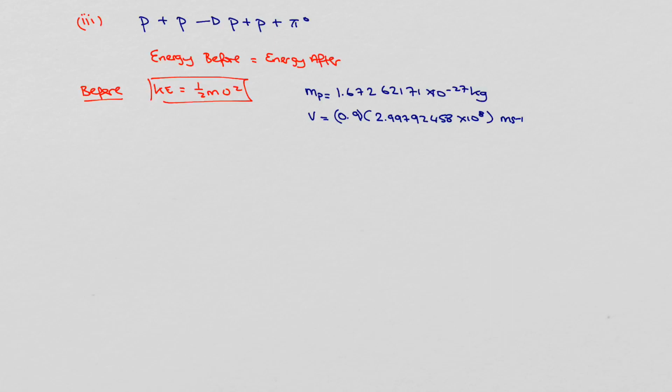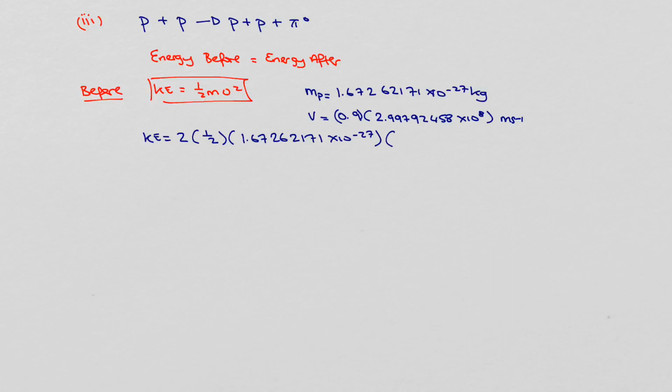So if I'm looking at the kinetic energy beforehand, I have two protons. So therefore, it's going to be the same kinetic energy for each colliding proton. So therefore, it's going to be 2 times a half times the mass, 1.6726271 by 10 to the power of minus 27.